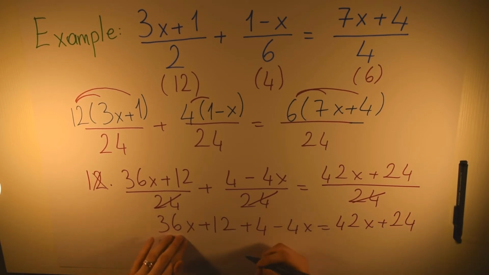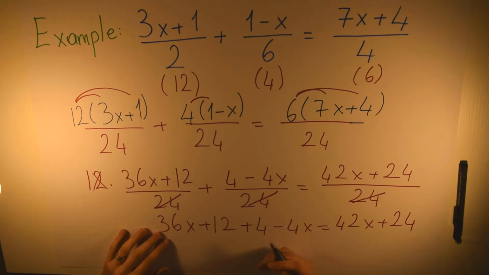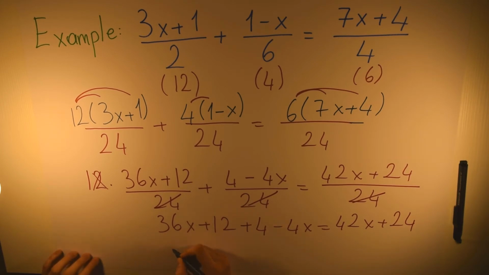So at this point, what we do, we relocate them, right? We put the unknowns on one side and the constants on the other side. So let's do that. We have here 36x, minus 4x.